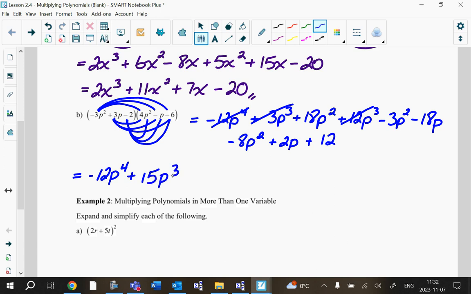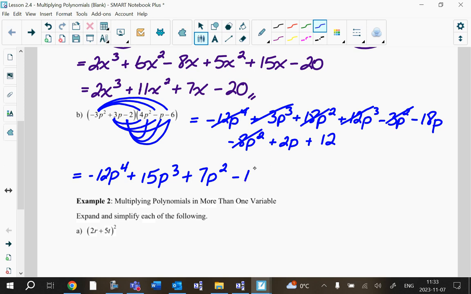P squareds, I've got 3 of them. I've got 18p squared, then I'm subtracting 3p squared, then I'm subtracting another 8p squared. Positive 7p squared. So that takes care of the p squareds. Now the p's, I've got a minus 18p plus a 2p.